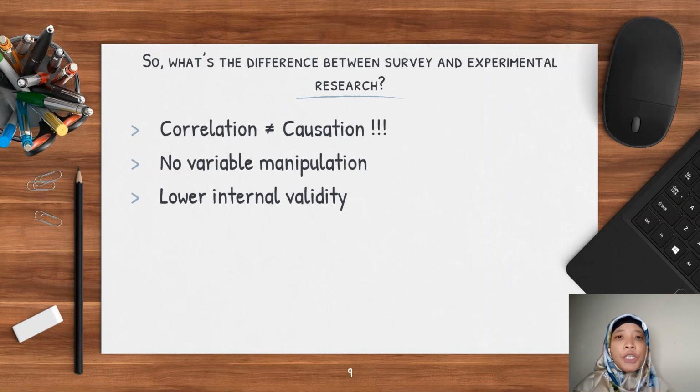People can just do the surveys at home, and we cannot even control how or when or where they're filling out the questionnaires. So we cannot control even the situation or the settings. There might be more extraneous variables that affect the results of the study in survey compared to experimental research.